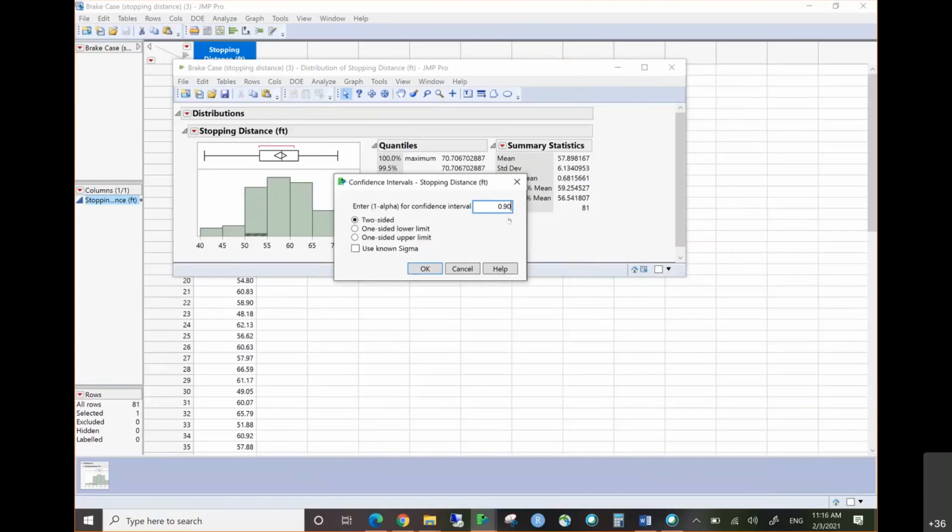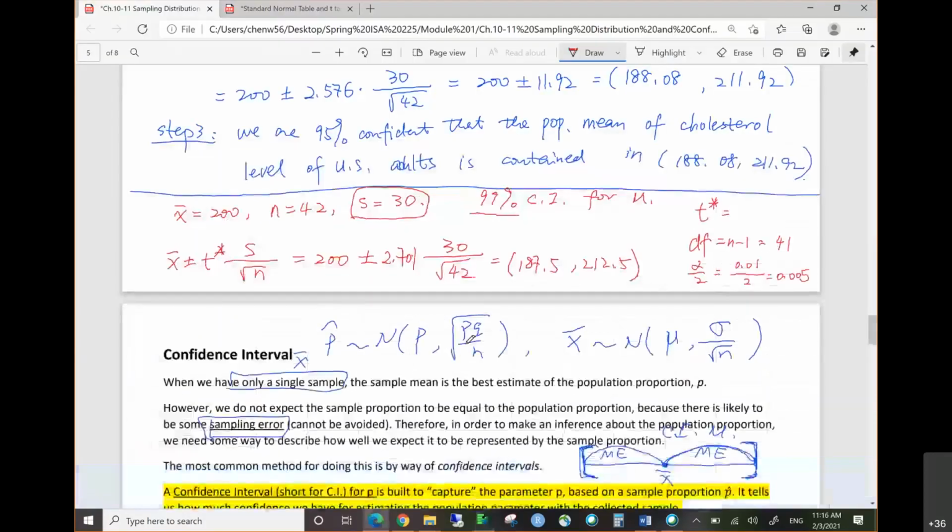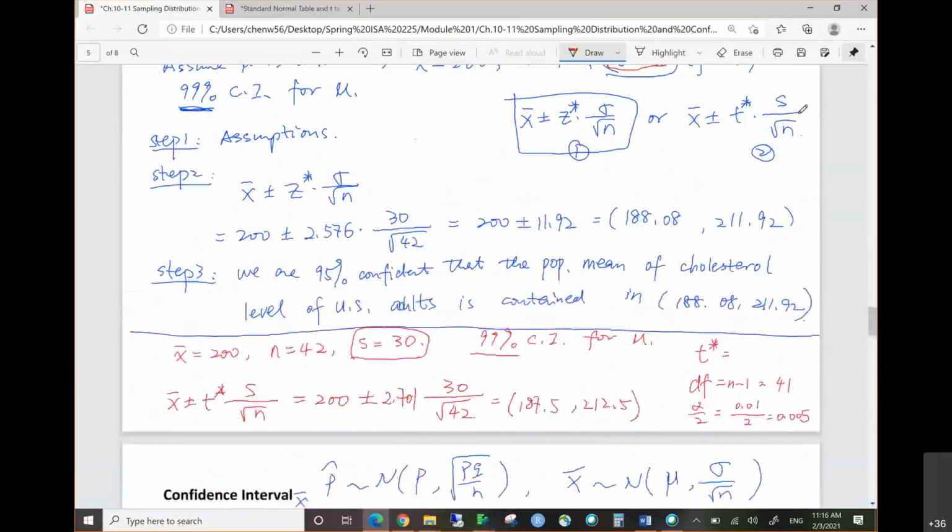There is another option called Use Known Sigma. What does that mean? By default, we are using this formula, assuming that we do not know the population standard deviation sigma. But what if I know the population standard deviation?